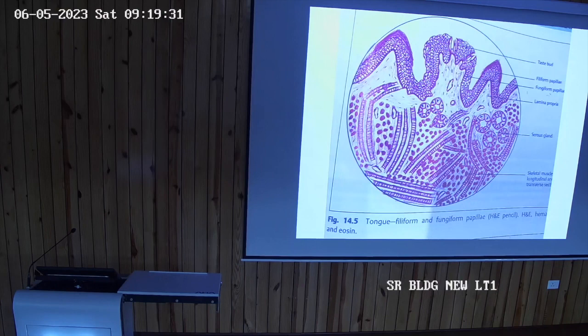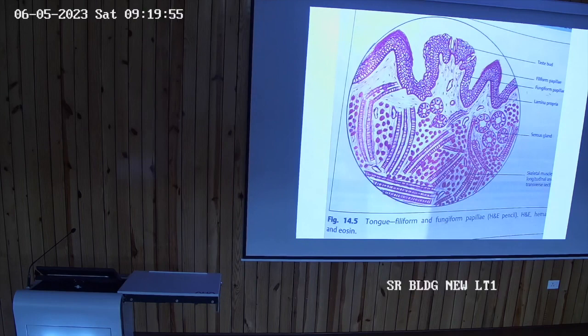Okay, all right. Besides this, the epithelium is showing a large number of papillae. What are papillae? Papillae are the projections of the epithelium. And below the papillae, there is the lamina propria. This whole is the lamina propria.